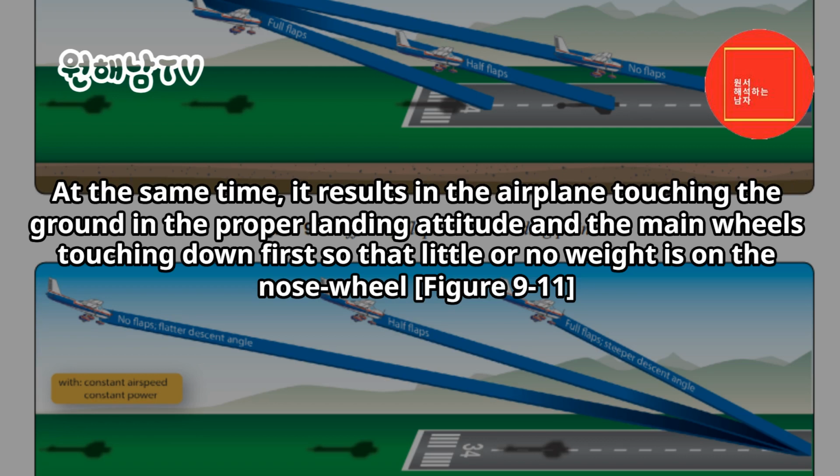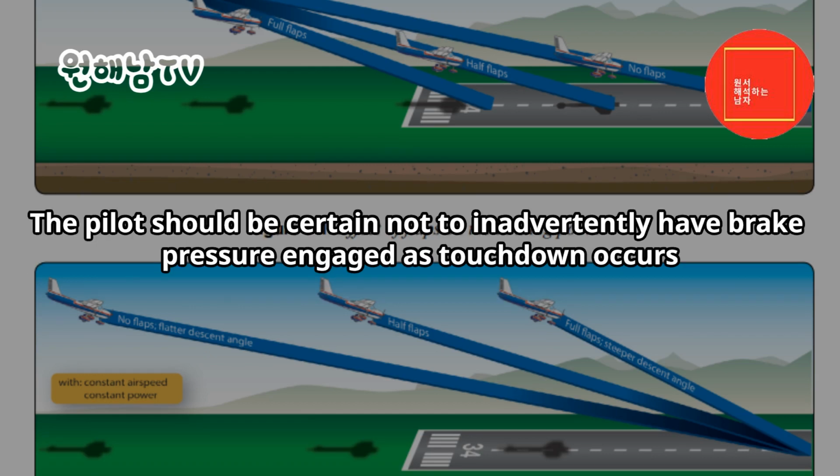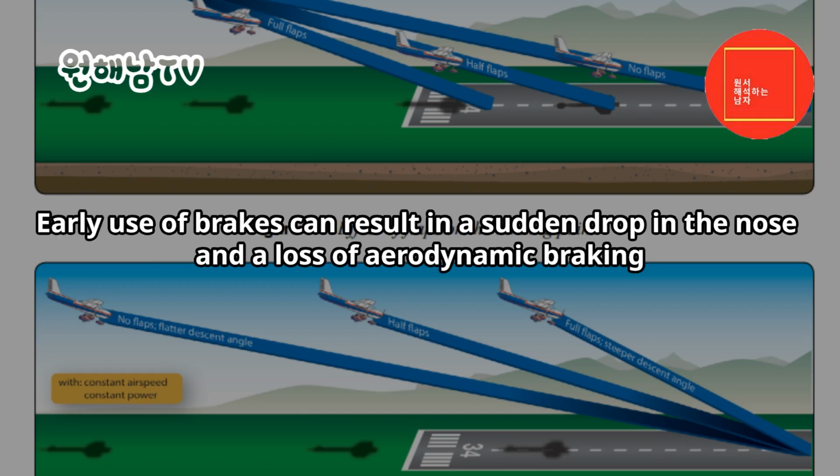Figure 9-11. After the main wheels make initial contact with the ground, back elevator pressure is held to maintain a positive AOA for aerodynamic braking and to hold the nose wheel off the ground as the airplane decelerates. The pilot should be certain not to inadvertently have brake pressure engaged as touchdown occurs. Early use of brakes can result in a sudden drop in the nose and a loss of aerodynamic braking.